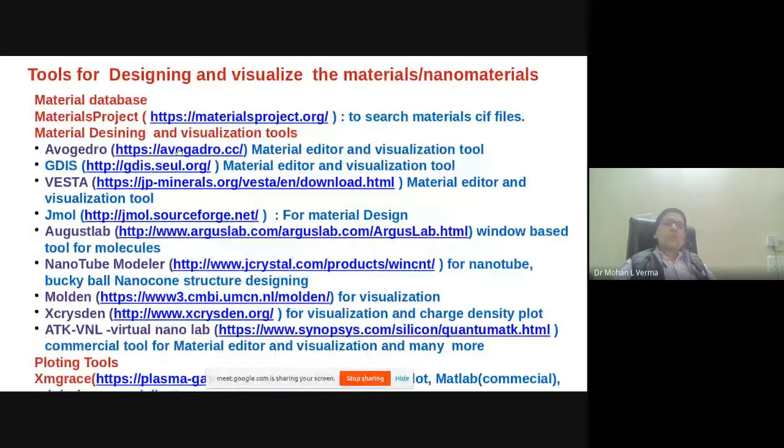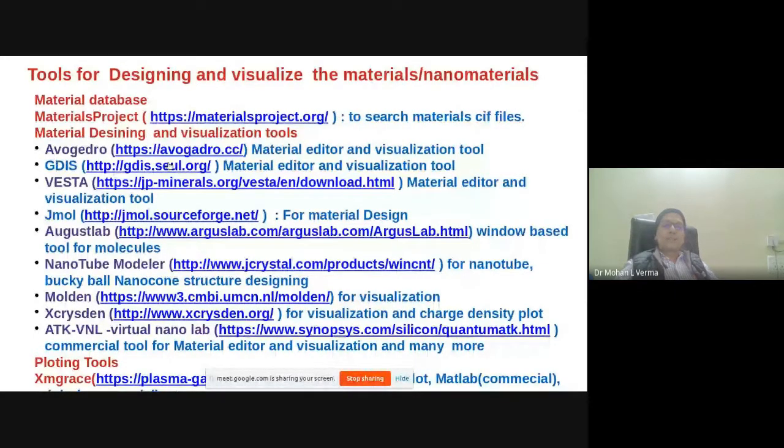Most of the materials given in the Materials Project were checked by a commercial tool similar to this system. And for material designing and visualization tools, in my lab, I use Avogadro. All the tools I am using here are free of cost. This is a good material editor and visualization tool.